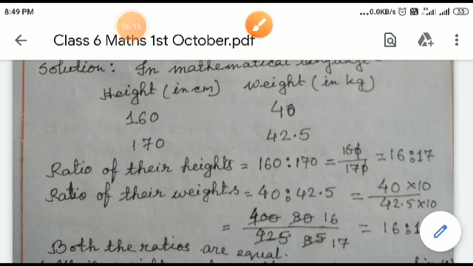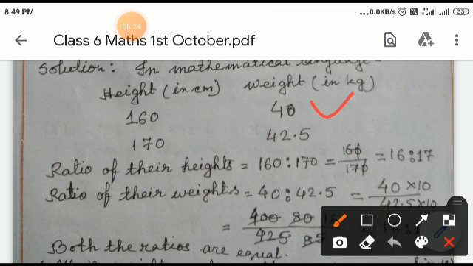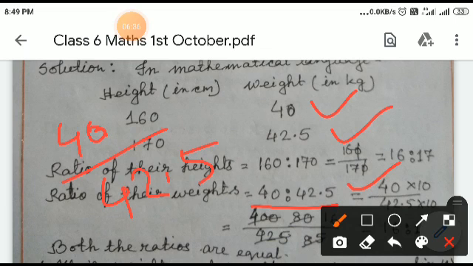Now the ratio of the weights equals 40 is to 42.5. We can write 40 divided by 42.5. Here the denominator 42.5 is a decimal number. So to remove the decimal point, we have to multiply both numbers by 10, because after the decimal point there is only one digit, 5.